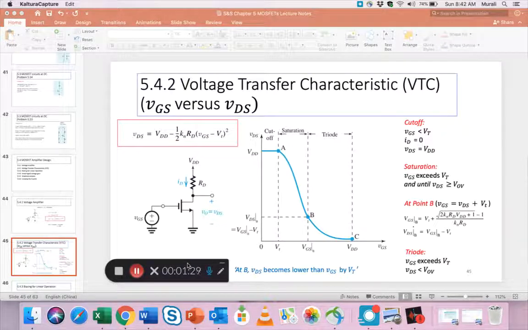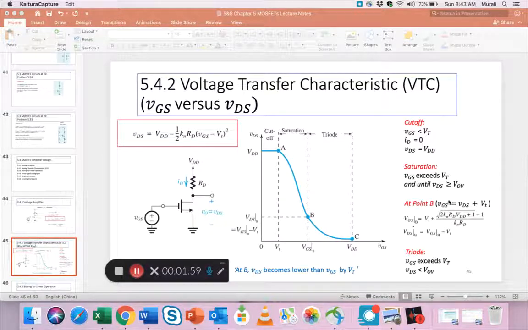VGS is the gate to source voltage and VDS is the drain to source voltage. As VGS increases, VGS being on the x-axis, the independent variable, VDS falls through the three regions: the cutoff region, the saturation region, and the triode region. I've tried to put everything here together so that we clearly understand these three regions.